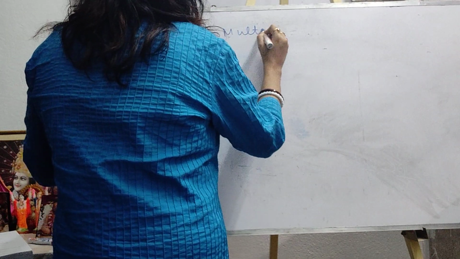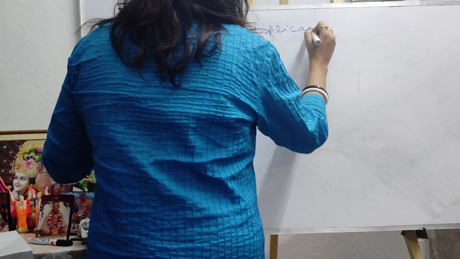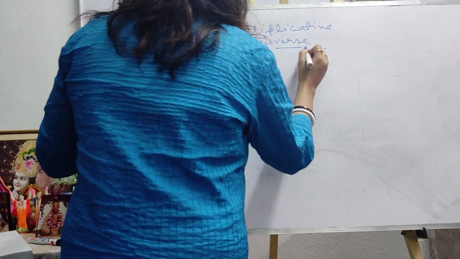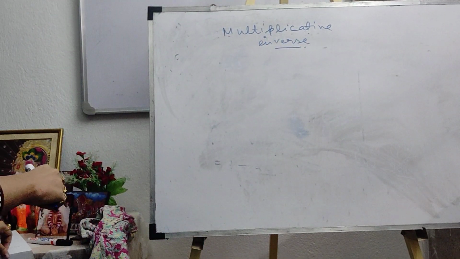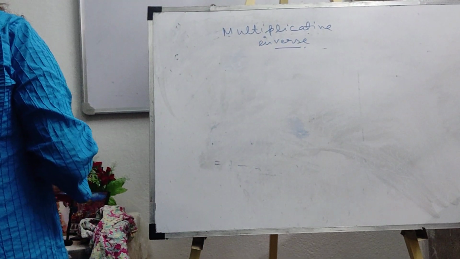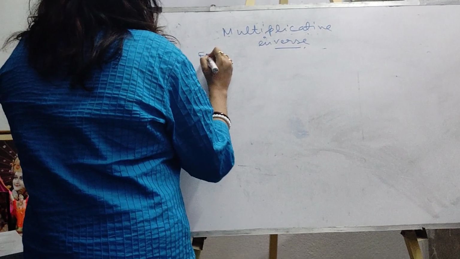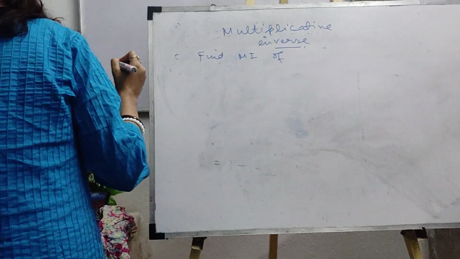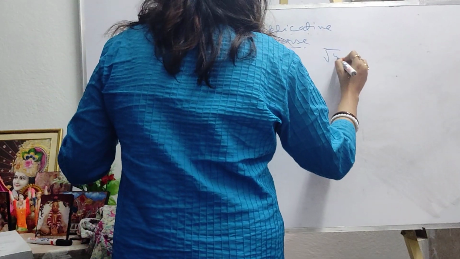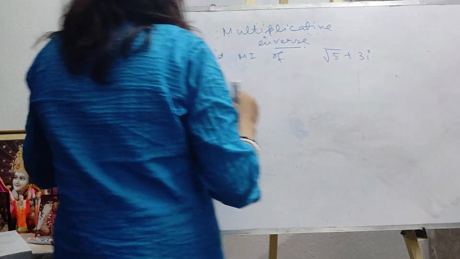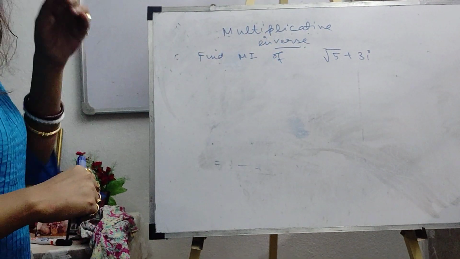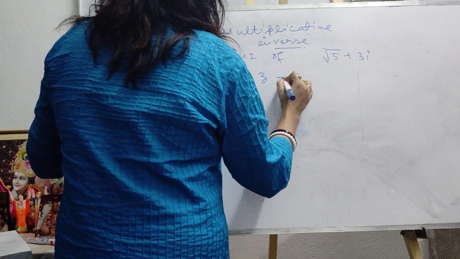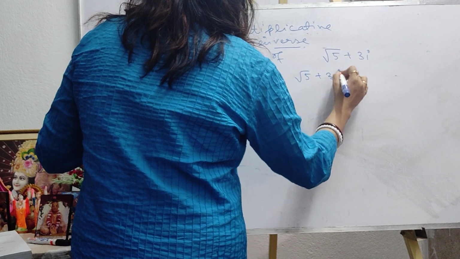Suppose it is told to you to find the multiplicative inverse of root 5 plus 3i. Okay, find the multiplicative inverse of root 5 plus 3i. So let z equal to root 5 plus 3i.